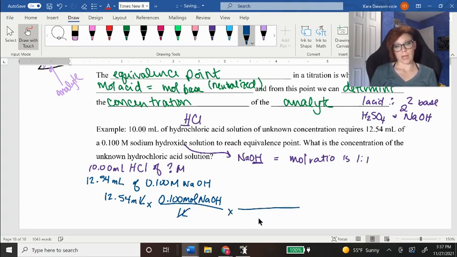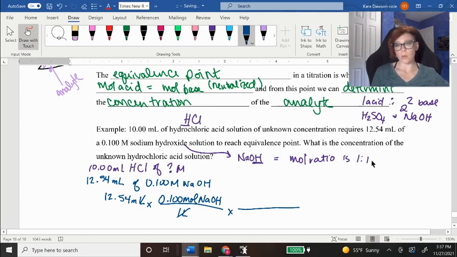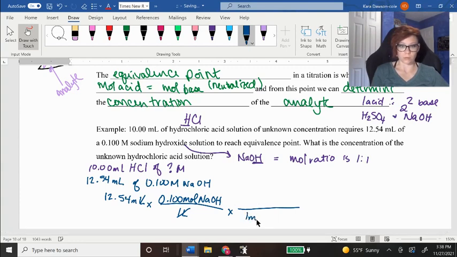Times, I have to go through my mole ratio. So I've got a volume and a concentration, and then this is going to be my mole ratio. Since I have one hydroxide to one H plus, it's 1 to 1. So it's 1 mole of NaOH to 1 mole HCl.